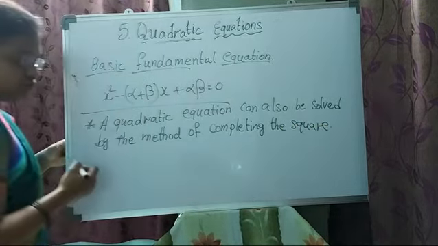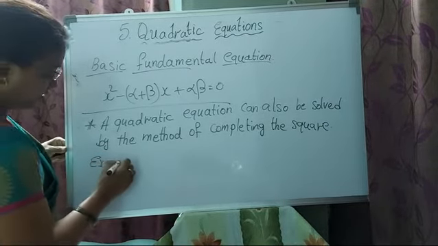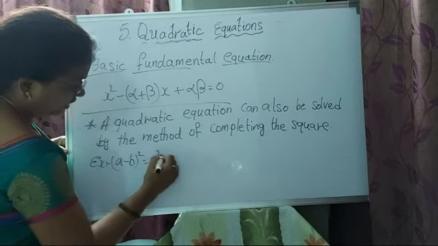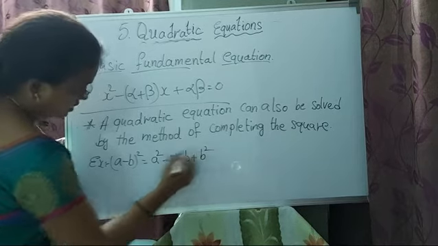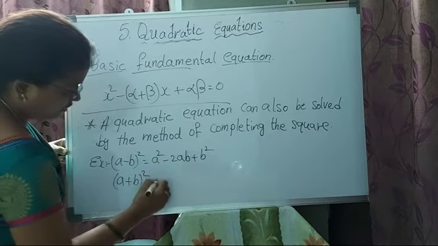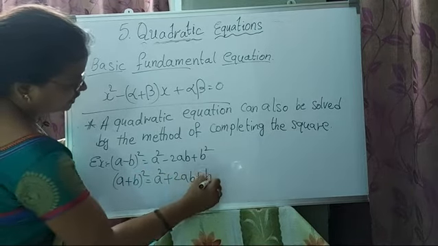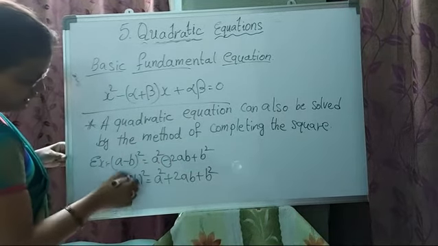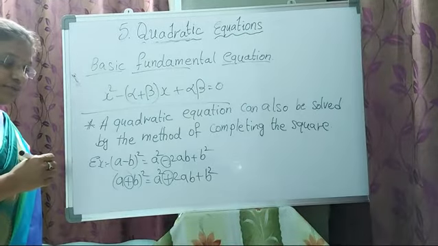See here, what are the two identities we use? A minus b whole square is equal to a square minus 2ab plus b square. Next, a plus b whole square is equal to a square plus 2ab plus b square. Here minus means you get minus, here plus means you get plus. These two identities you have to remember.